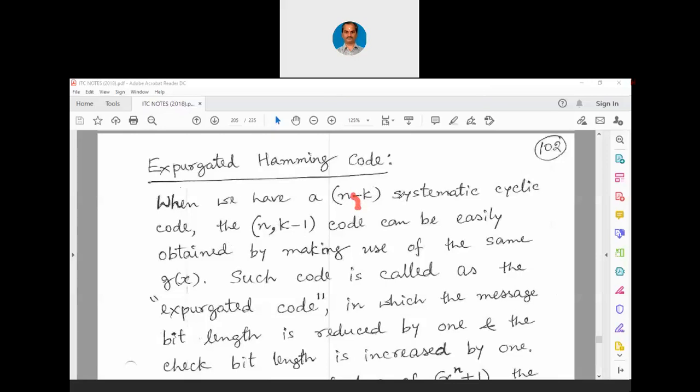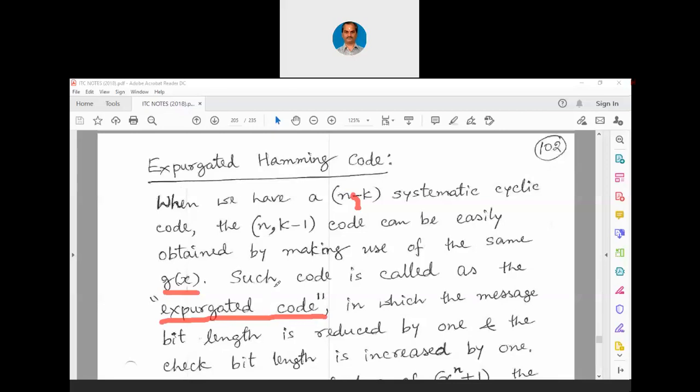It is n comma k. Such a code is called the expurgated code, in which the message bit length is reduced by 1 and the check bit length is increased by 1. We will see an example later on.